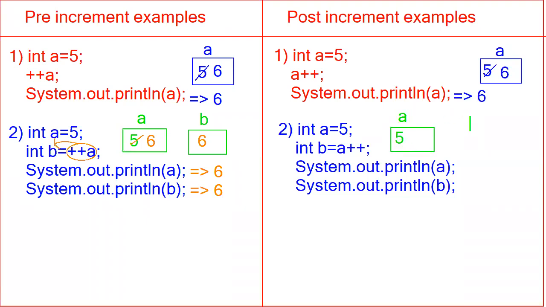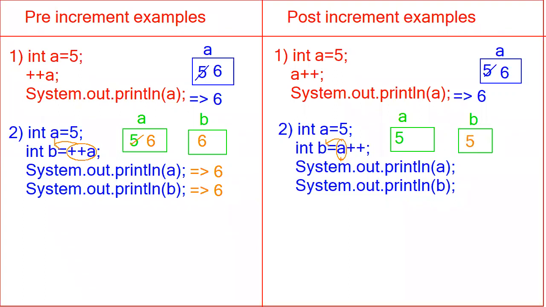But in this case you observe, a, first memory allocated, value 5. Here b. Now first a value 5. Here is it pre-increment or post-increment? Post-increment. So first of all this value is copied in b. That means 5 is copied in b, so it will be 5.